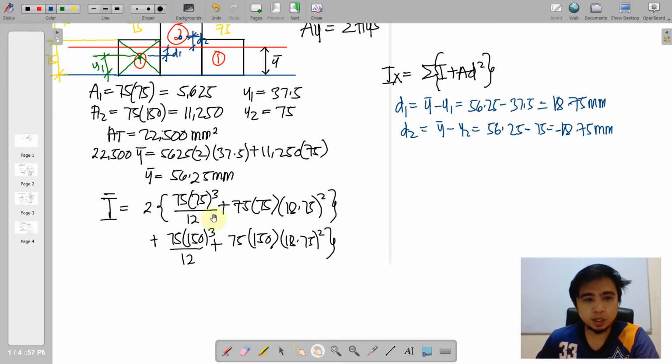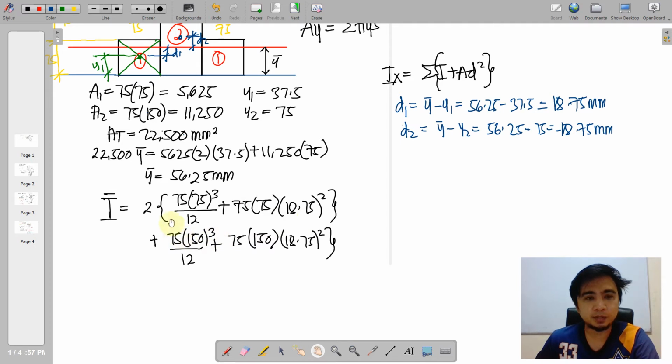And then we now perform I bar. We have 2 area 1, so each I is bh cubed over 12 plus 75 by 75, the area, times the transfer distance squared.